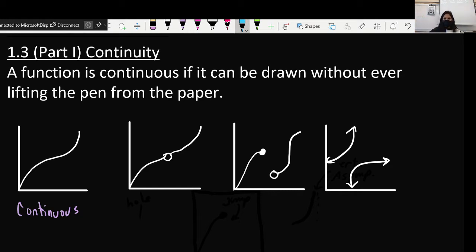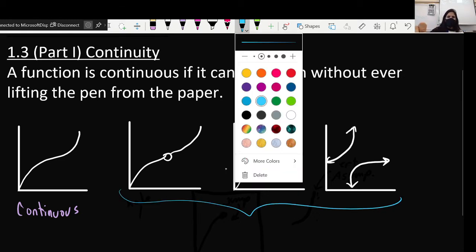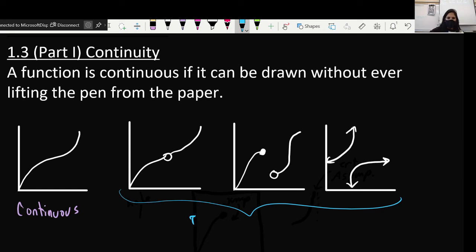And then if you look at all the rest of these, they would all be an example of discontinuous graphs or discontinuous functions. I feel like it's pretty self-explanatory. Are we good with that? Okay.